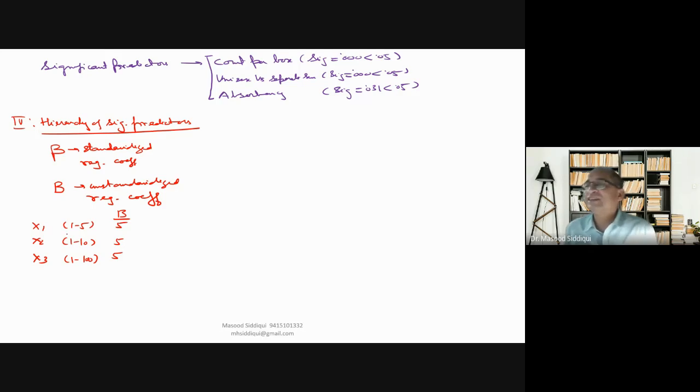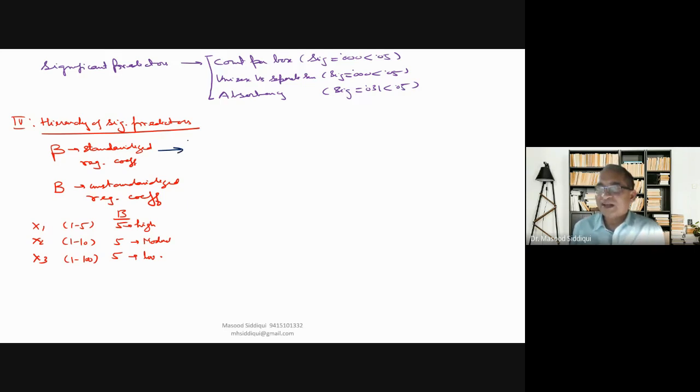But if we consider the scale also, this 5 is a high value because it is towards the highest point. This 5 is a middle value, so it is moderate. And this 5 is a low value. So in order to create the hierarchy, we consider only beta.